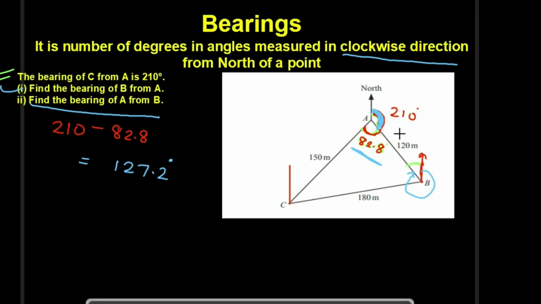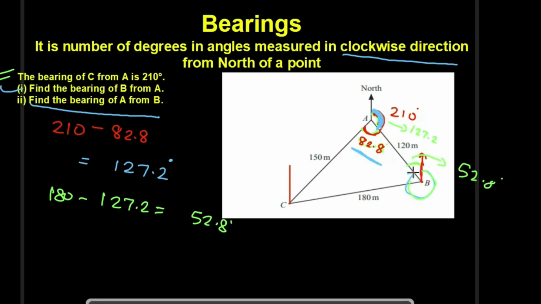These two lines are parallel, so co-interior angle will be 180 degree. This angle we already got, which is 127.2. So 180 minus 127.2 is equal to 52.8. So this angle we got, which is 52.8 degree.